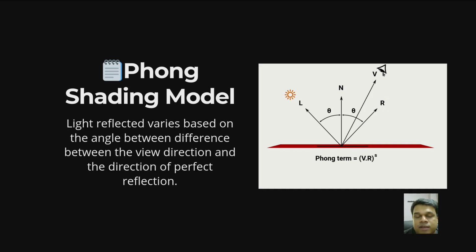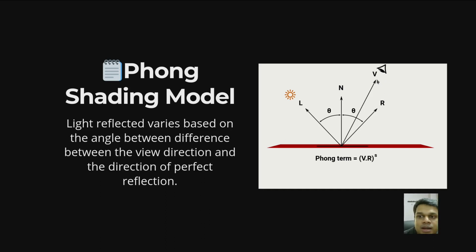That's drawn at a different position over here, called V. Now V makes a different angle with R, and it is the angle between V and R that matters, and that is why the Phong term is V dot R to the power of S. If you are standing exactly where the reflected light would be, as if it was a mirror, you'll actually see the light source in full intensity. It'll be literally shining back to your eyes.